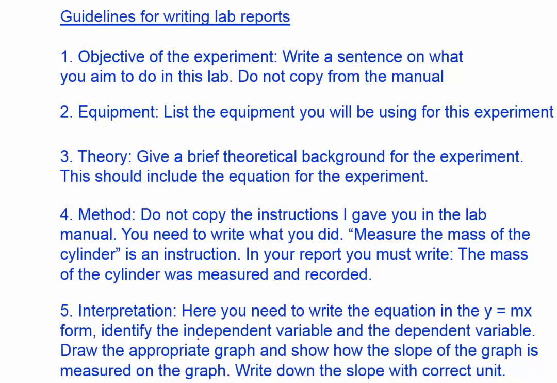So we wrote the equation in the y equal to mx form. We identified the independent and dependent variable, and we did a graph of f squared on the y-axis and T on the x-axis, and we measured the slope. Now, write down the slope with correct unit.